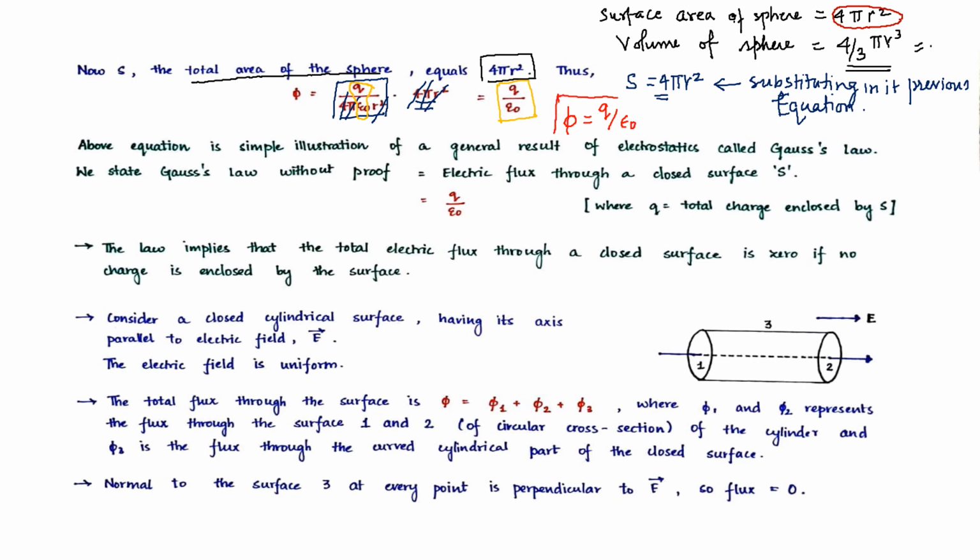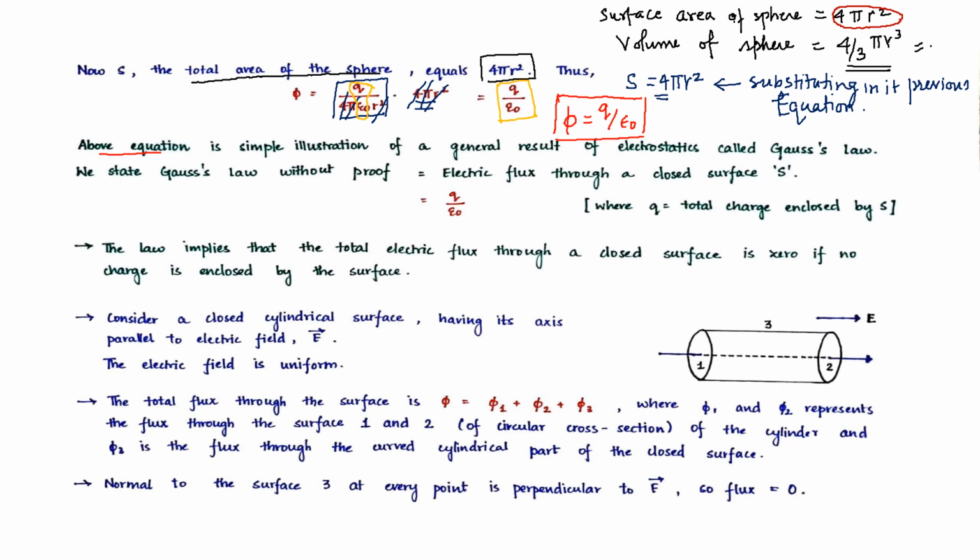So while reading about electric flux, we have predefined that the flux is equal to 1 by epsilon naught into the charge carried by that surface. The above equation is a simple illustration of a general result of electrostatics called Gauss's law. We state Gauss's law without proof.